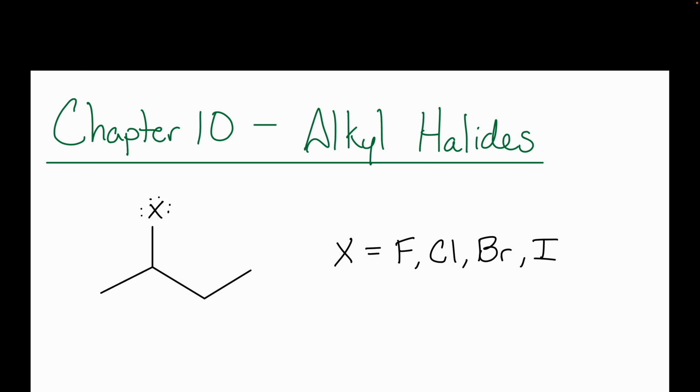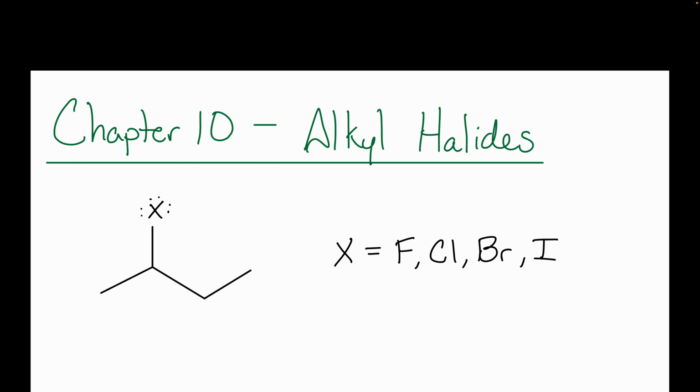Importantly, we kind of put fluorine in its own little class. Alkyl fluorides don't really have the same reactions of alkyl chlorides, bromides, and iodides. So a lot of the reactions that we're going to talk about are going to focus on the latter three halogens. But nonetheless, any organic molecule with a halogen bonded to it would be considered an alkyl halide.